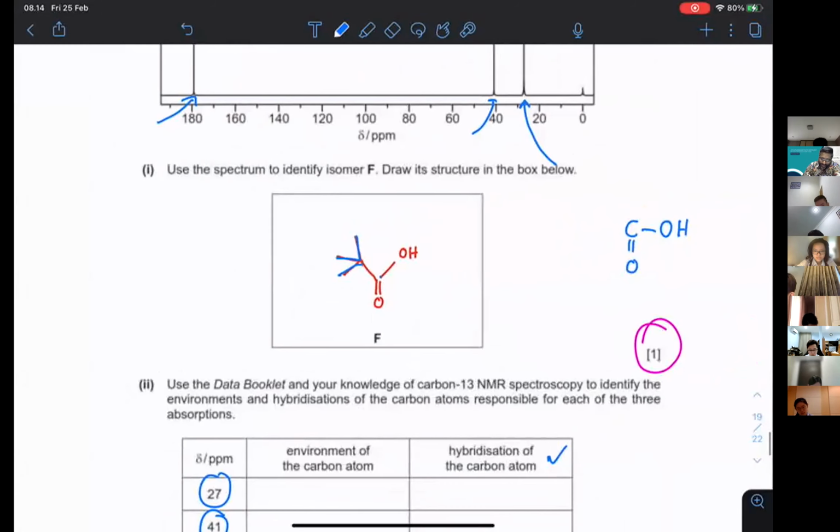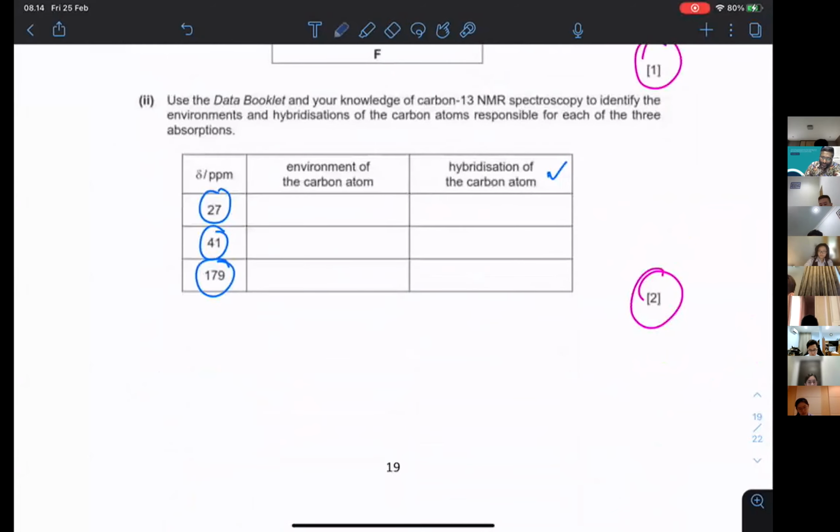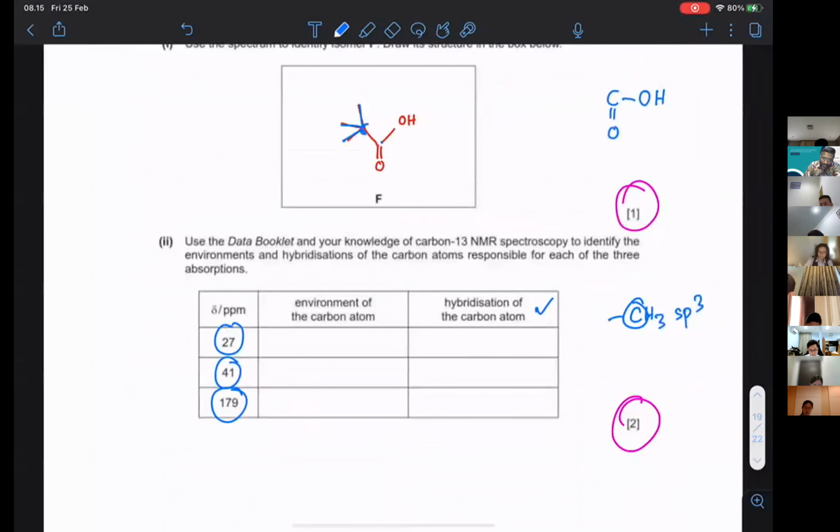If I look at the CH3, that is sp3 hybridized. If you know that, it's going to be much easier, so you can just look at sp3 only. The CH3 and the rest of the molecule are sp3, and this one also is sp3.